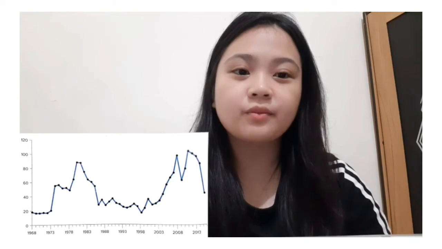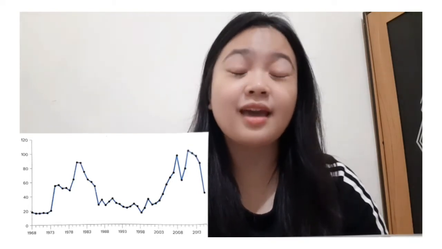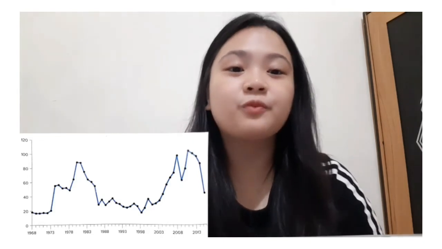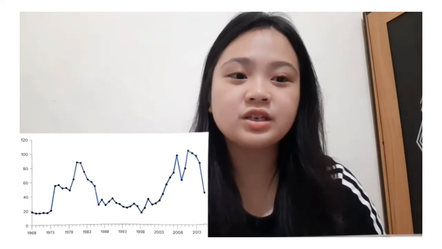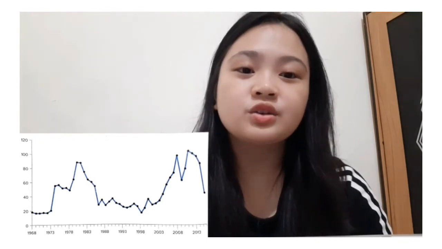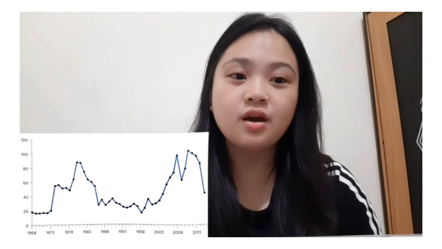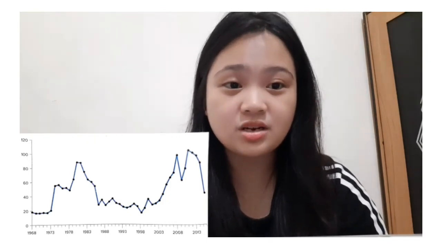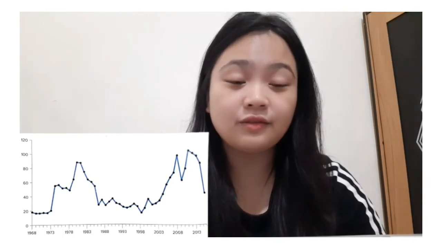The second OPEC price increase in 1979 to 1981 again doubled the price of oil and sharply accelerated inflation. The high inflation led in 1980 to 1982 to a tough monetary policy to fight the inflation, with the result that the economy went into an even deeper recession than in 1973 to 1975.